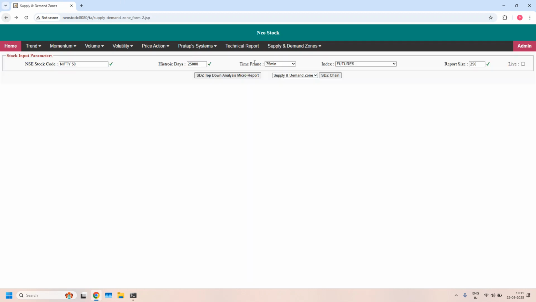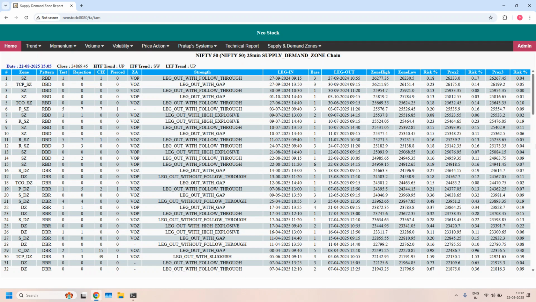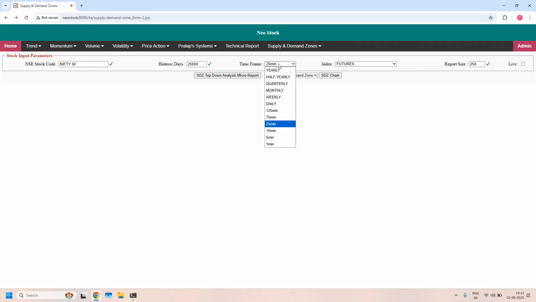Next, generating 25 minutes supply demand zone chain for NIFTY. Next, generating 15 minutes supply demand zone chain for NIFTY.